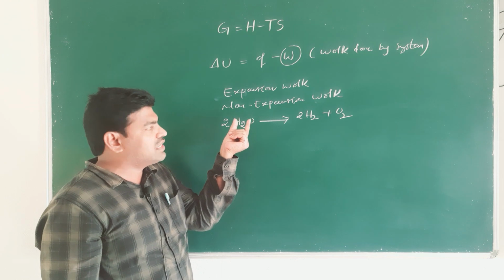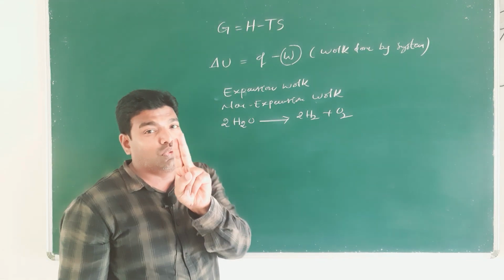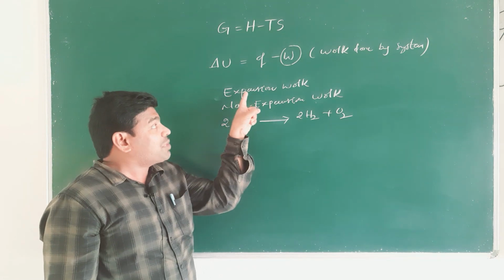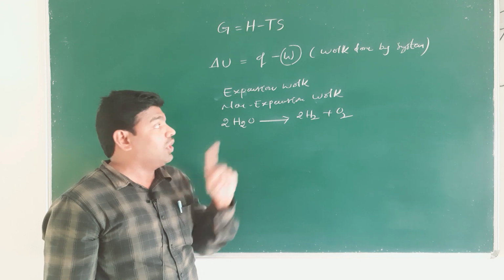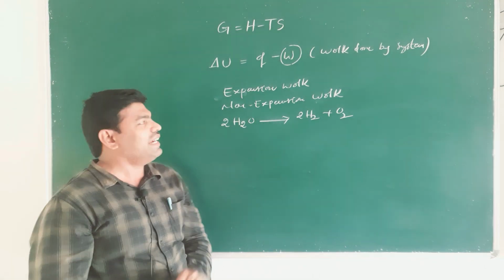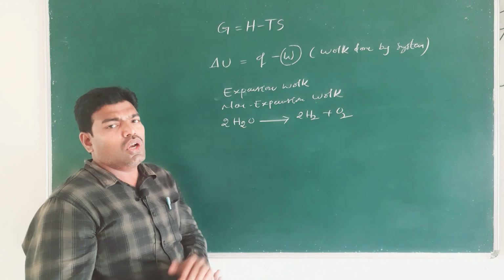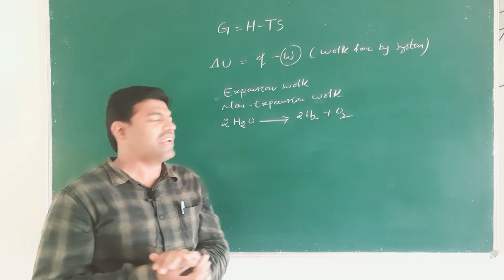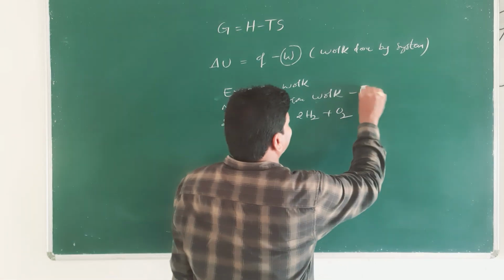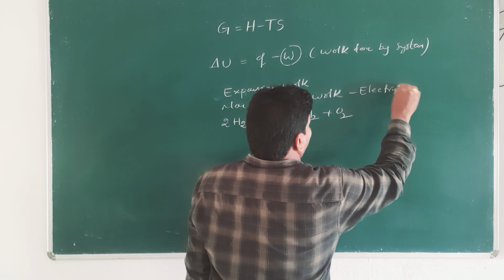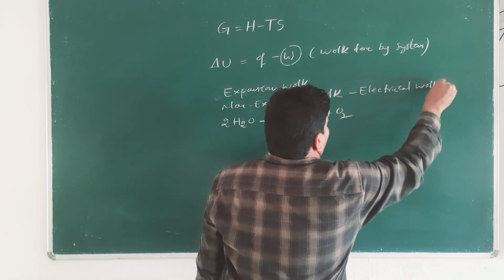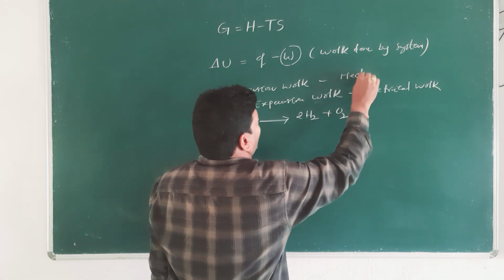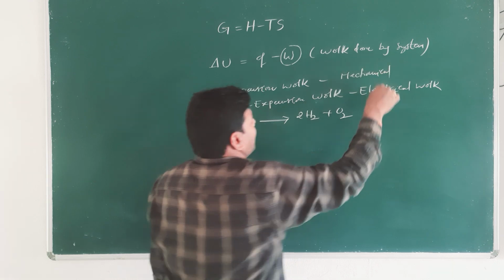Here in the electrolysis of water, there are two types of work. One is expansion work and another is non-expansion work. Non-expansion work is also called electrical work, and expansion work is also called mechanical work.